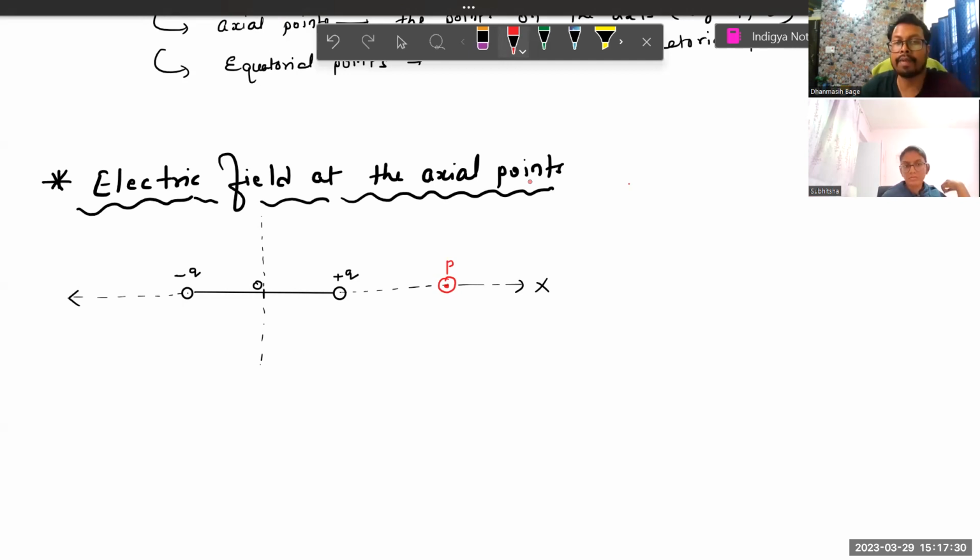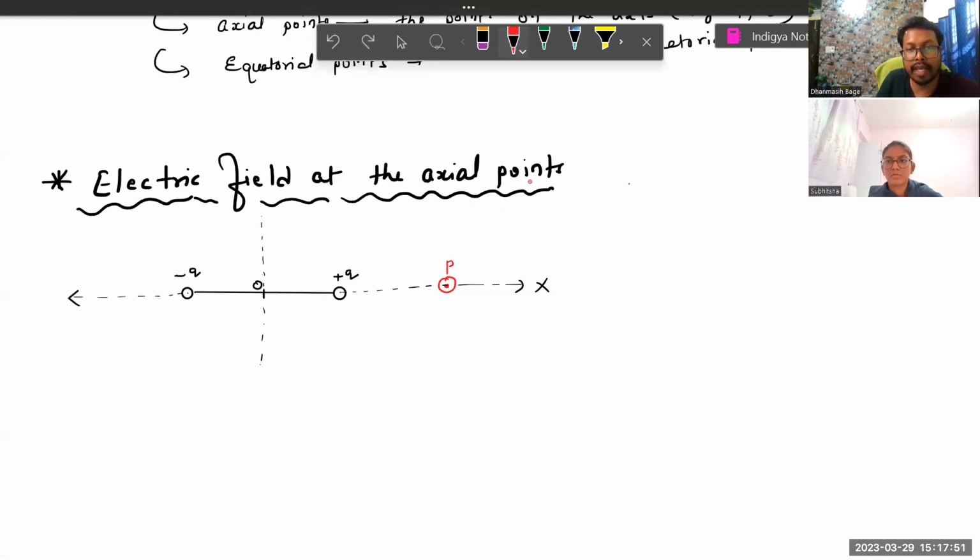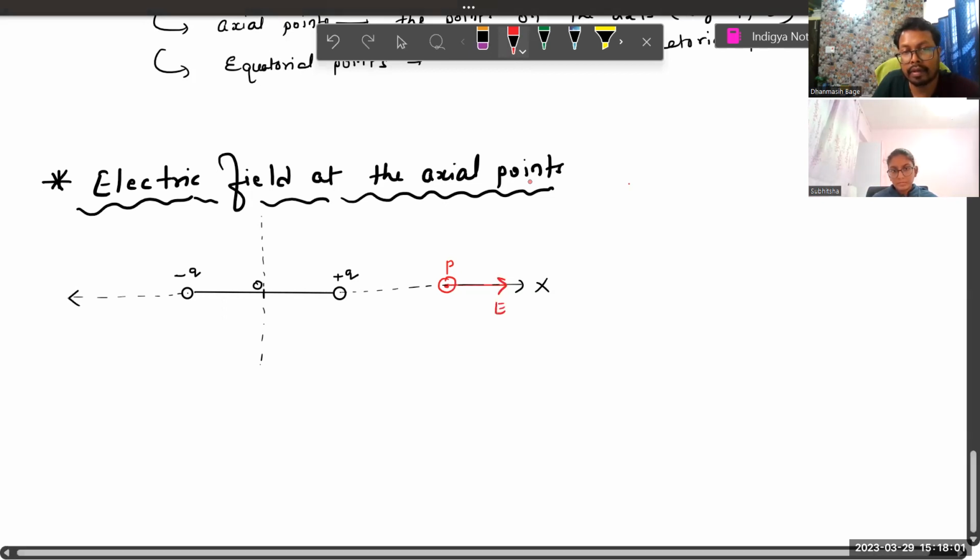Okay, in this case, tell me what will happen. Last class, I told you some ideas about this. Whose field will be stronger? There will be two fields over here: field due to plus Q and field due to minus Q. Both the charged particles will create an electric field at the point P. Plus Q will create an electric field in this direction, E plus Q. Let's just talk about magnitude.